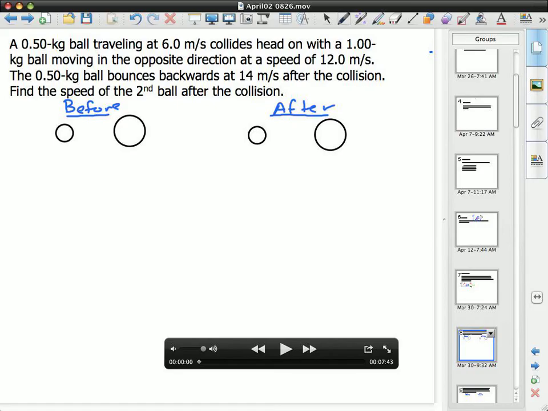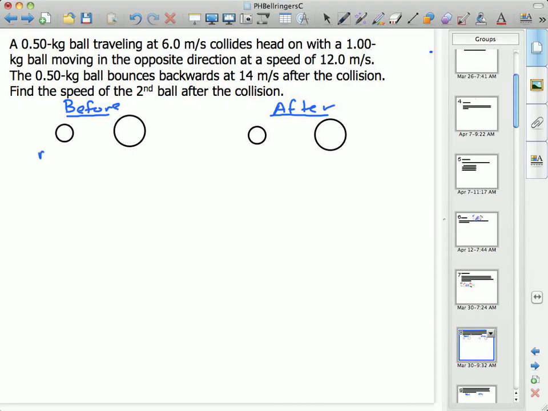You've seen I've made a couple diagrams, one for before, one for after. We can see that before the collision, the smaller ball has a mass of 0.5 kilograms, and the larger ball is twice the mass, or 1.0 kilograms.